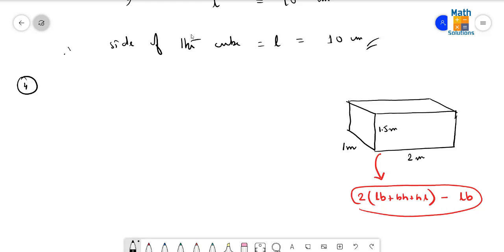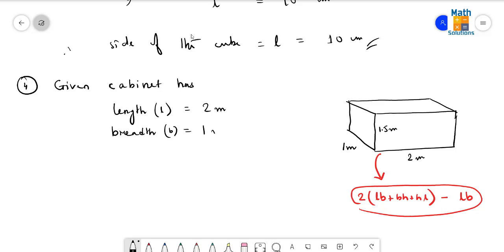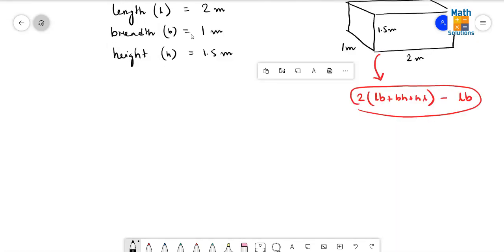So what are the things given here? Given cabinet has length L is equal to 2 meters, then breadth it is having as 1 meter, then height H is equal to 1.5 meters. So after this what we shall get? Surface area of the cabinet painted.